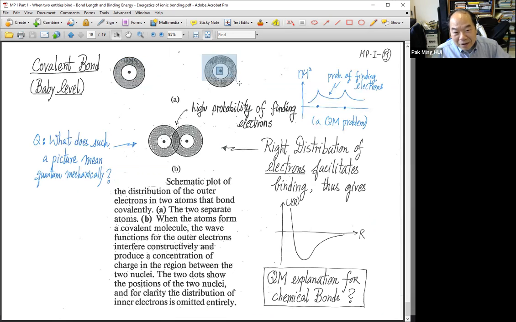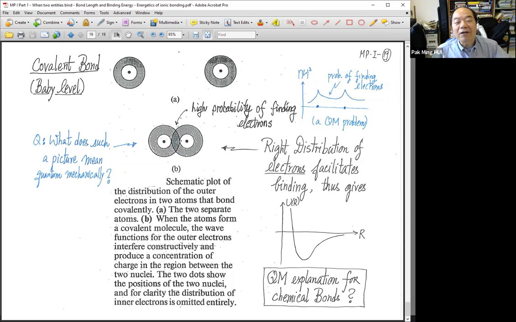Atom B, electron crowd, the Schrödinger wave function problem. You bring them together, they start to overlap. Maybe the wave function distribution is something like this. If you have that, then you will have probability of finding the electrons in the middle between the two nuclei, and you call this covalent bonding.